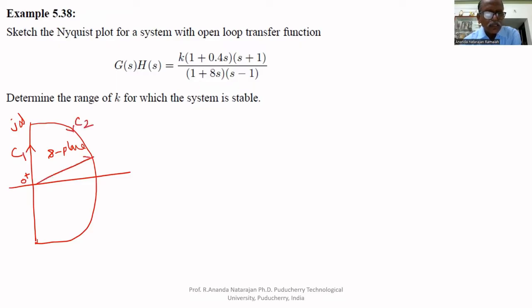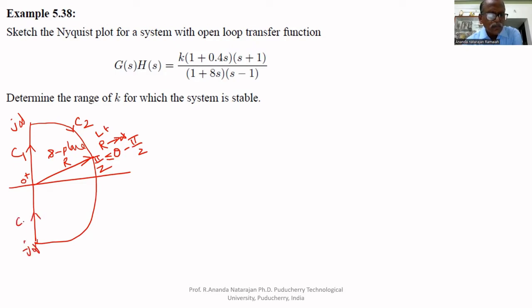Its radius is R, R tends to infinity, and theta varies from pi by 2 to minus pi by 2. So it is a semicircle of radius infinity. It goes up to minus j infinity.